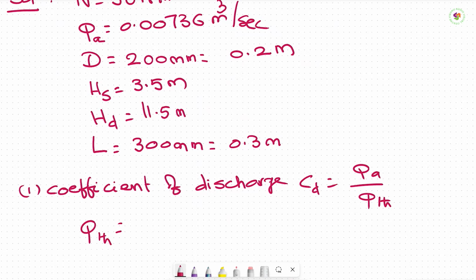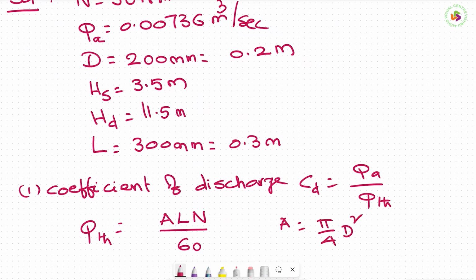Theoretical discharge, for a single acting reciprocating pump, is ALN by 60, where A is equal to pi by 4 into D square.